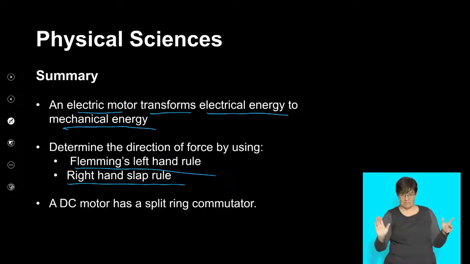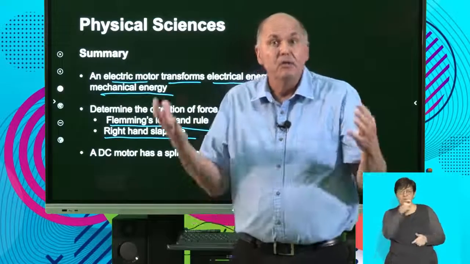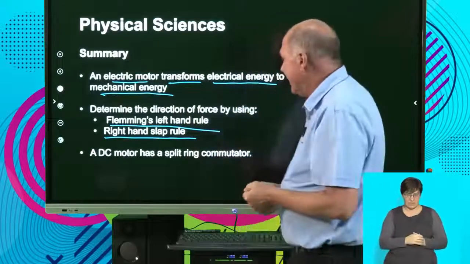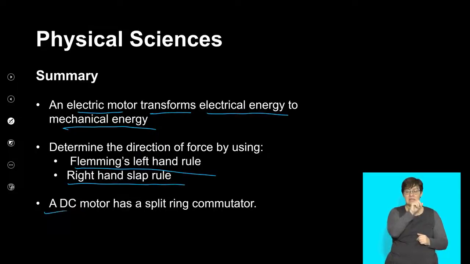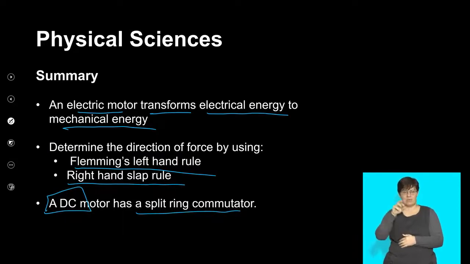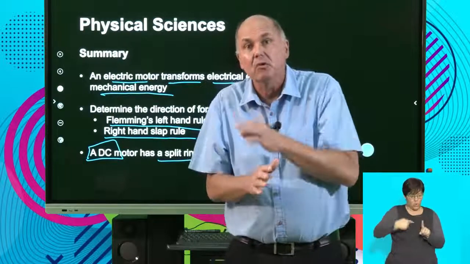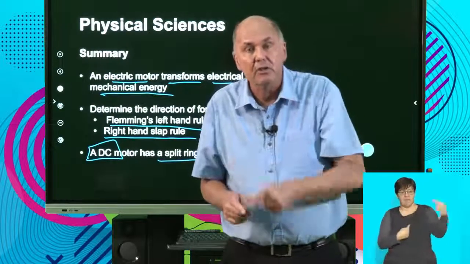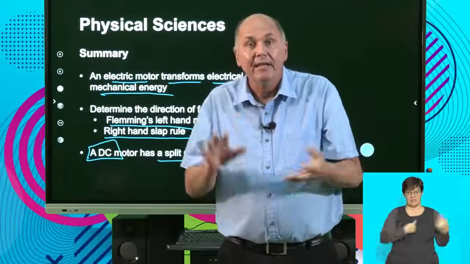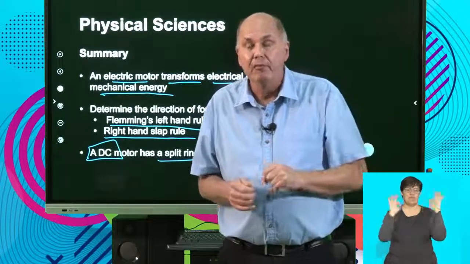Make sure you've got those clear. Use both of them so you can confirm your predictions. And then remember that a DC motor always has a split ring commutator, and that split ring commutator's role is to change the direction of the current as the coil rotates, to make sure that it's a smooth rotation and there's a free spinning of the armature.